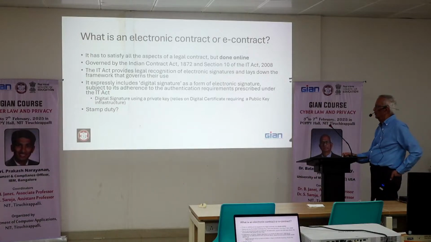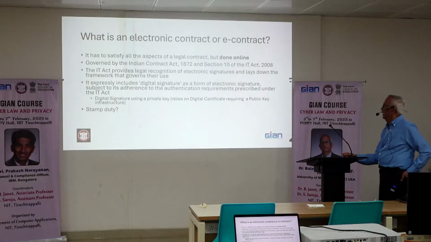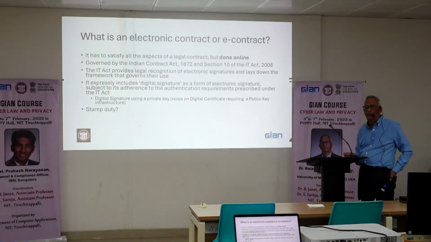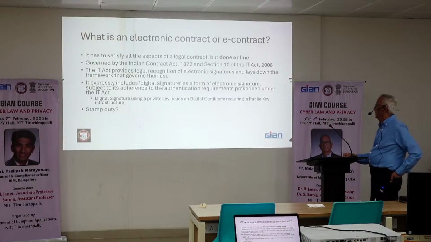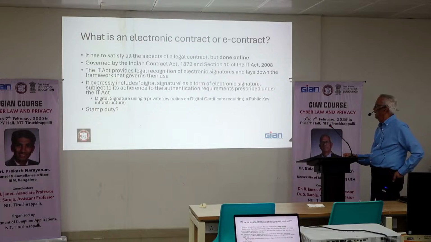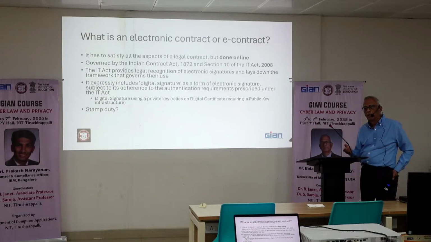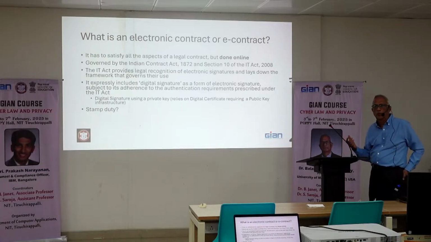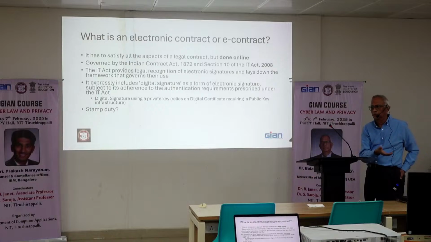Basically, what the IT Act provides is that it recognizes that some documents can be electronic, and it also recognizes that signatures can be electronic signatures. What also matters is, when a signature is valid, how do you prove that the electronic signature was done by the person who claims it?